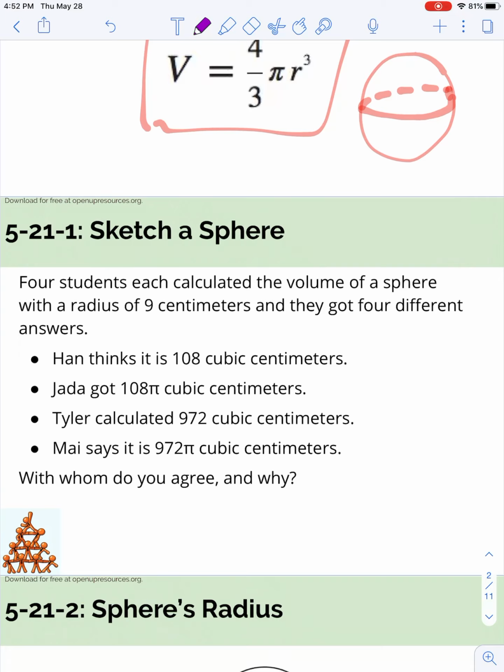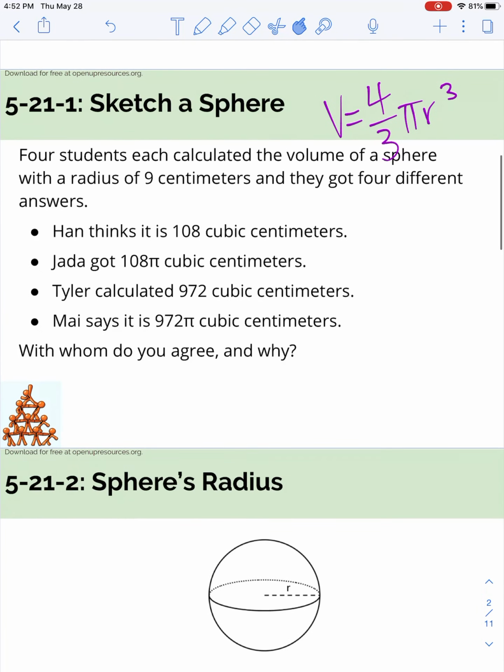So you go volume equals 4 over 3 pi r cubed. They give us 9. So we want to find out what the volume is. Cool. That's easy. So we're just going to plug it in, right?